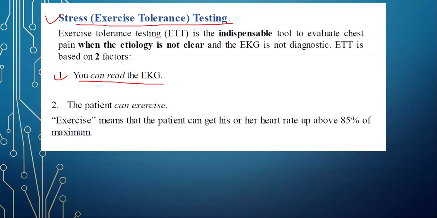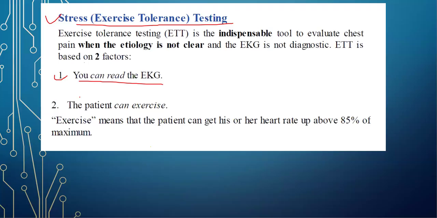Especially, you did not get any cardiac related ECG change, like no T-wave inversion, no ST depression, nothing like that, or no new left bundle branch block. So if you have any of these three, T inversion, ST depression, or new onset left bundle branch block, that means the patient's resting ECG is already abnormal. So in that case, you can't send the patient for a stress test.